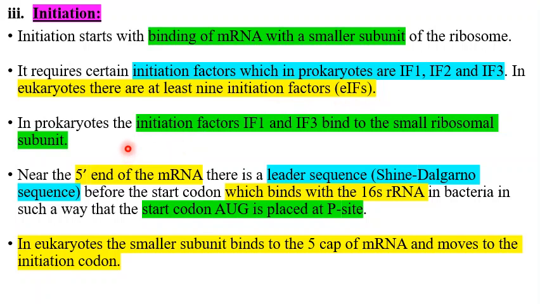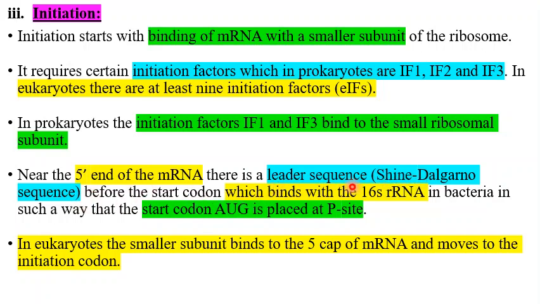Now in prokaryotes, the initiation factors IF1 and IF3 bind to the small ribosomal subunit, and then the mRNA. Near the 5' end of the mRNA, there is a sequence before the start codon that is called the leader sequence or the Shine-Dalgarno sequence.